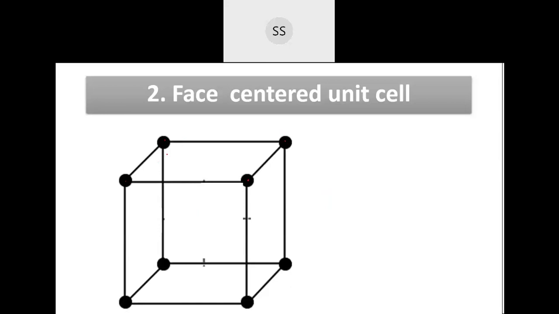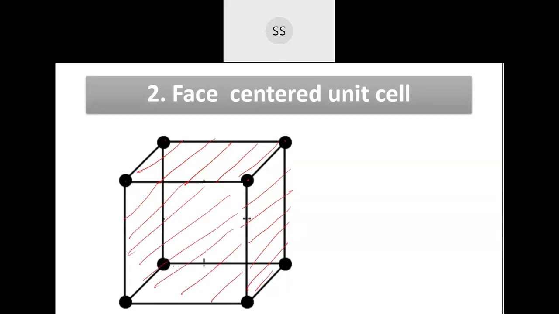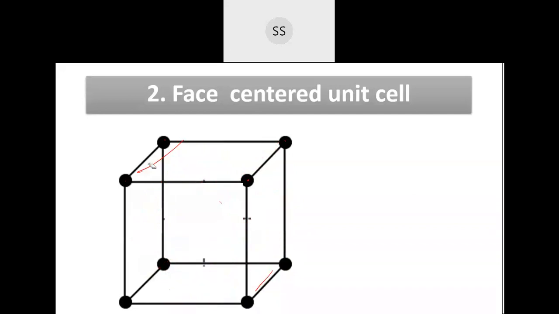Like this is one side, this is the second one, and then the front one, that is third, and then behind this there is one more. See, you have 1 2 3 4 sides, and then one front and one behind. So total there are 6 faces. I'm sorry, 6 spaces are there.